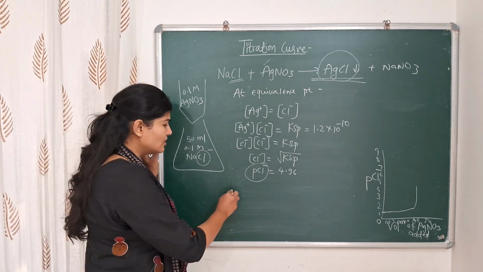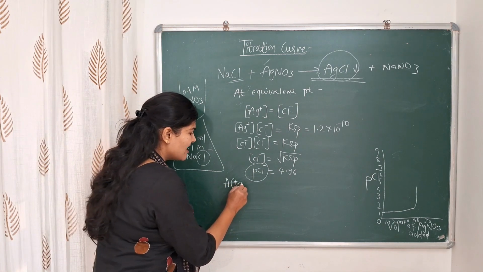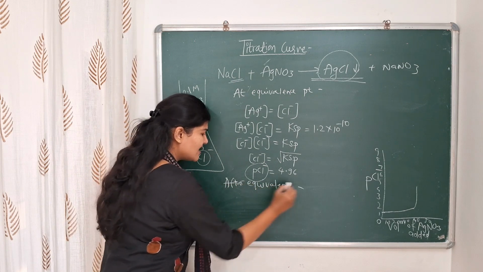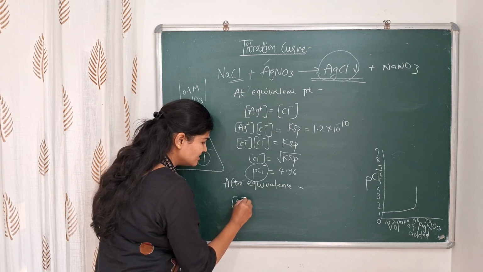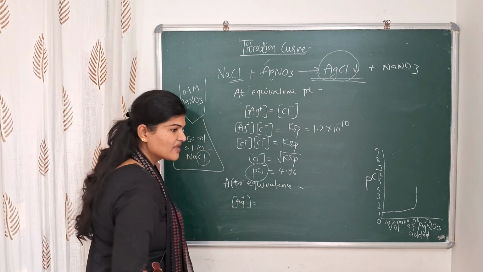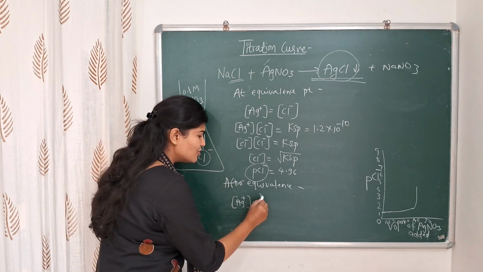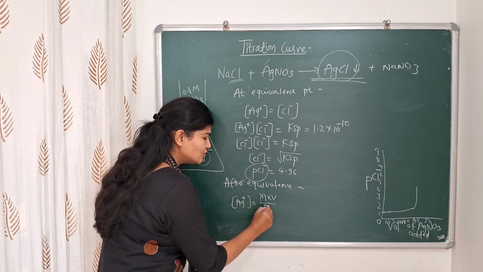So after equivalence, Ag+ ion concentration can be calculated by our usual formula, molarity into volume upon the total volume.